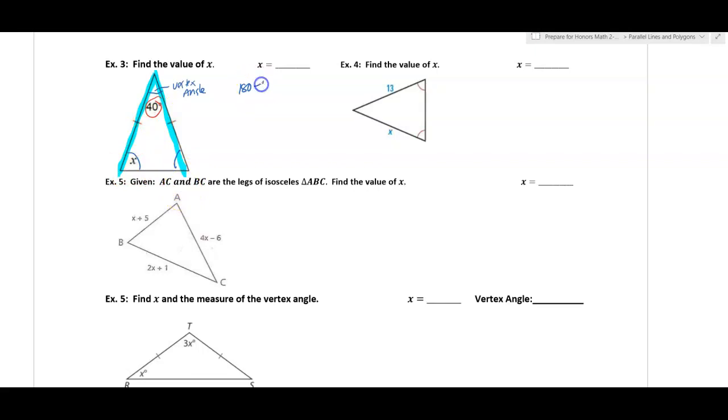So if I take 180 and I subtract the 40, that gives me 140 degrees. Well, I know if this angle is x degrees and this angle is x degrees, they're congruent. So all I have to do is take 140 divided by 2. And each of these angles would be 70 degrees.